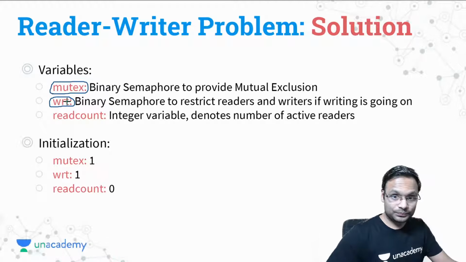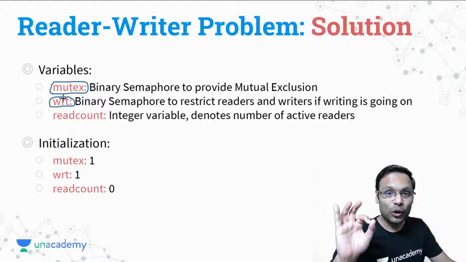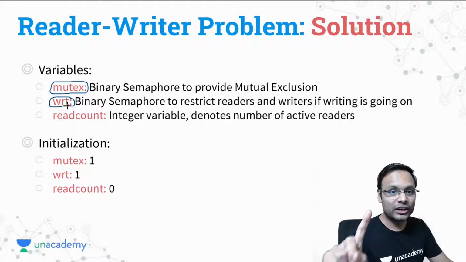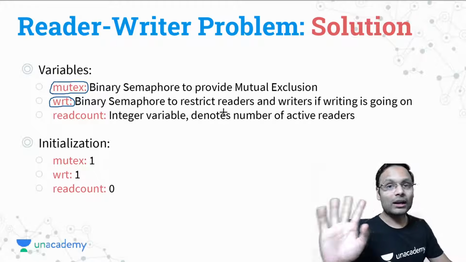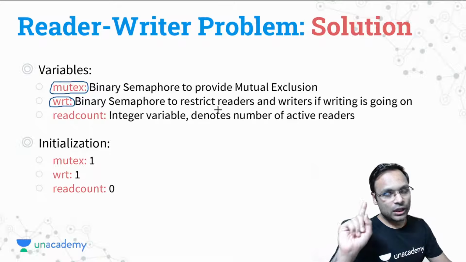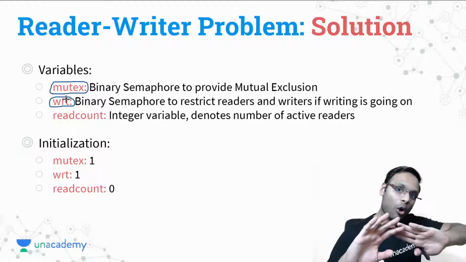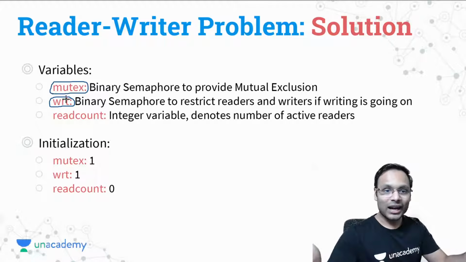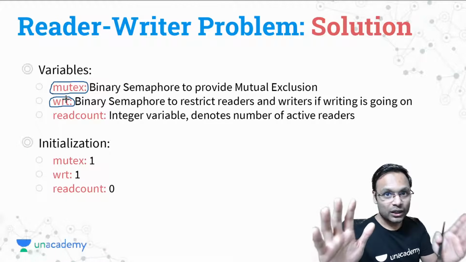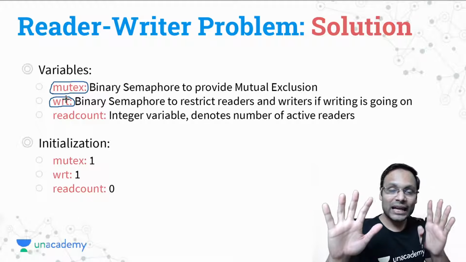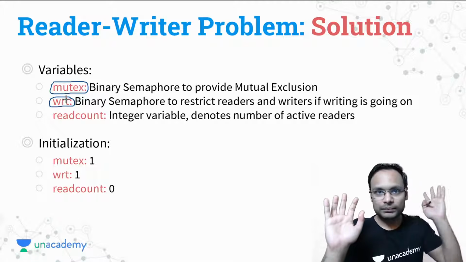Why this? This WRT semaphore will be restricting my readers or writers. If any writing is going on, this WRT will restrict all the readers and all the writers so that only one writer can work at a time.